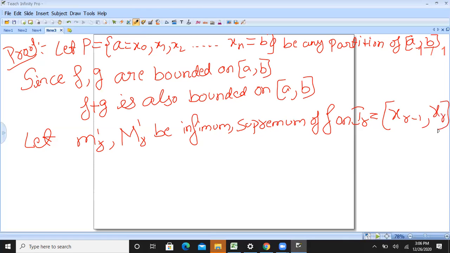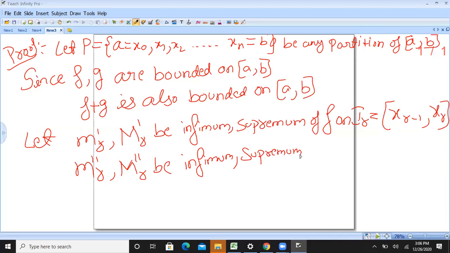Next, small mr double dash, comma, capital MR double dash, be the infimum and the supremum of f on IR.